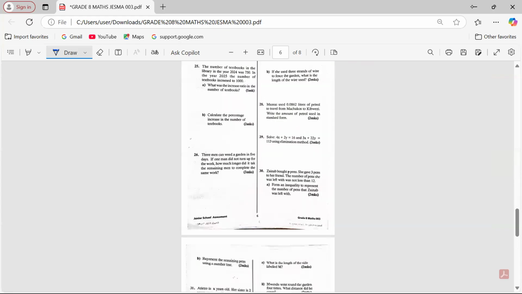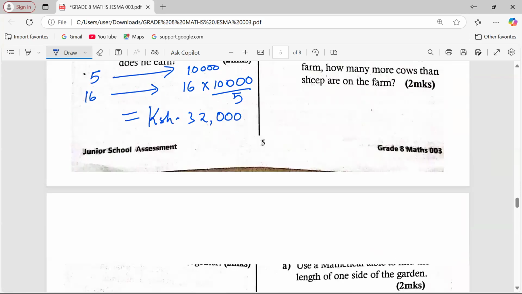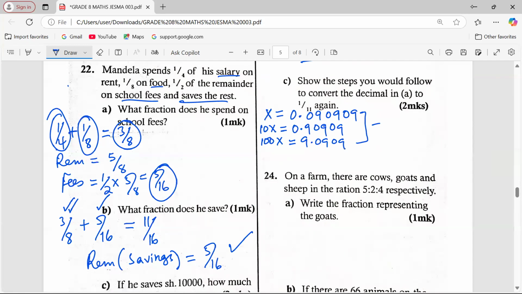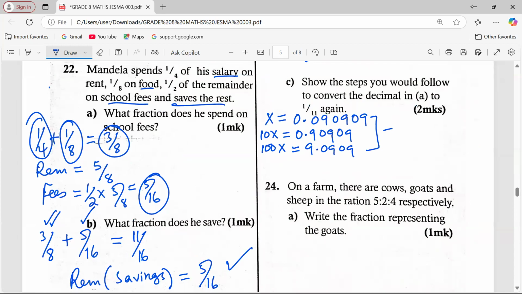Because of that, we can now conclude something here. But we need to get now the value of X by saying that now we subtract the right-hand side, whereby it will be 9 minus 0, that is 9. Then on the decimals part, everything becomes 0.